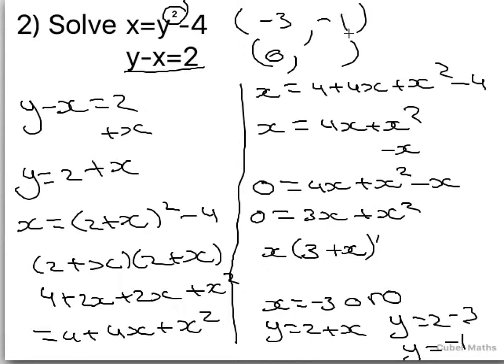So that's going to be our y value for that. And then what we're going to do for the second one is just substitute in 0. So when y equals 2 plus 0, y is just equal to 2. So that's our second value. So those are our two sets of values for these equations.